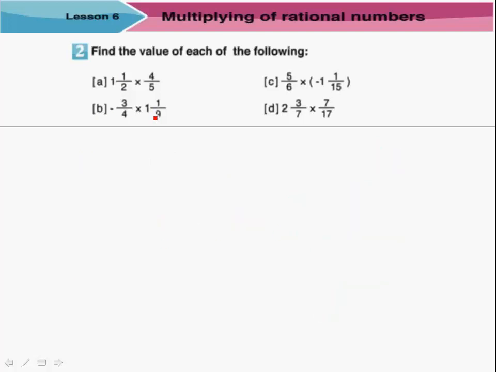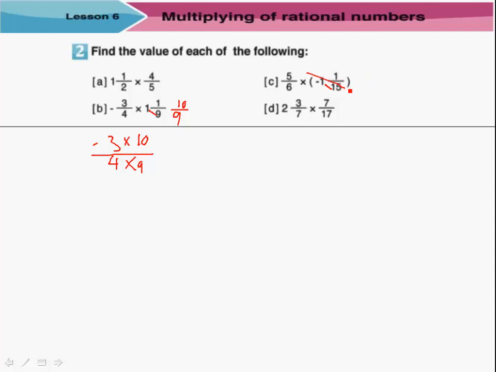B will be the same, but we have here 9 times 1 equals 9, plus 1 equals 10. So it becomes 10 over 9, and it will be minus 3 times 10 divided by 4 times 9. And complete, please. C is the same. 15 times 1 is 15, plus 1 becomes 16.